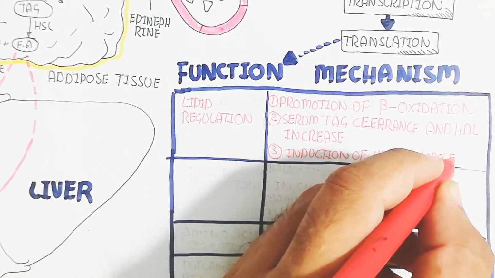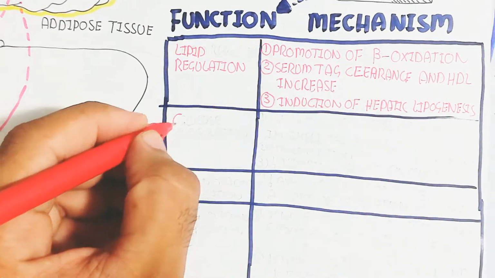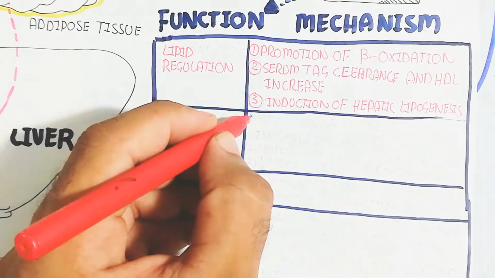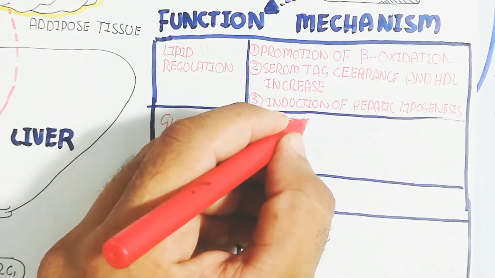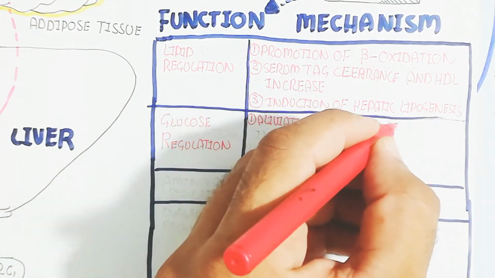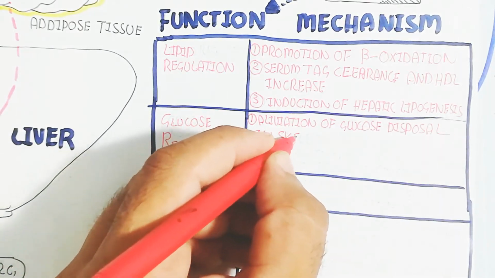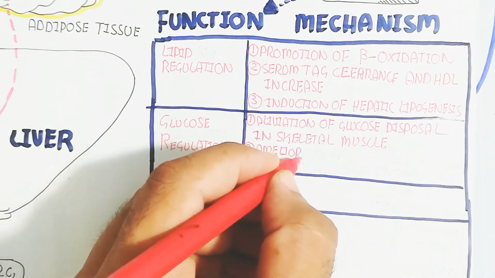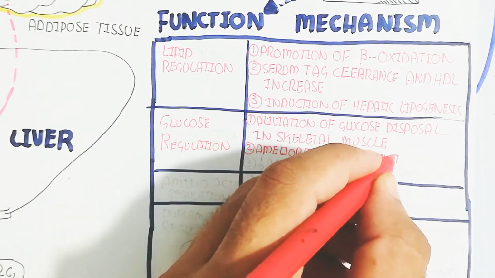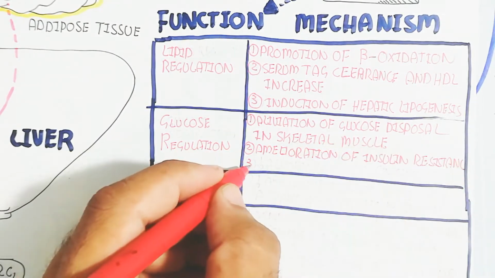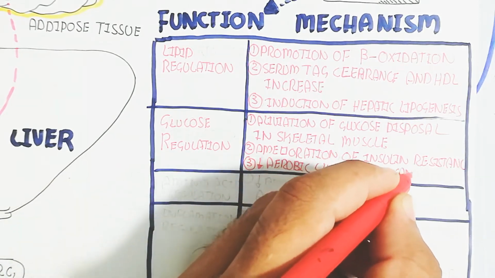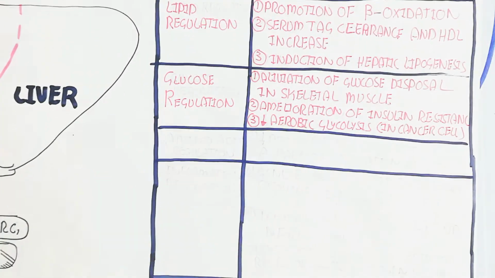On the other hand, glucose regulation also occurs due to the PPAR alpha, the alleviation of glucose disposal in skeletal muscle from the blood circulatory system, and that is why the glucose is disposed into the skeletal muscle for better use during exercise and the fasted state. And number two is the amelioration of insulin resistance and decrease of aerobic glycolysis in cancer cells.